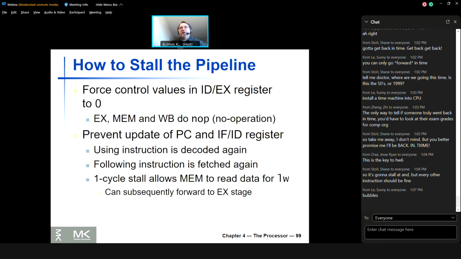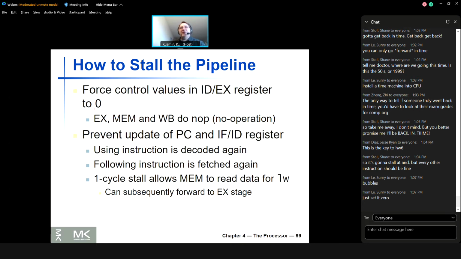And the answer is very easy. We just force all control values to 0. So EX, MEM, and WB will do a no operation. What about IF and ID? Will they do no operation?